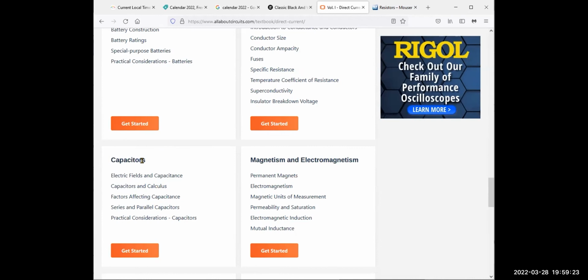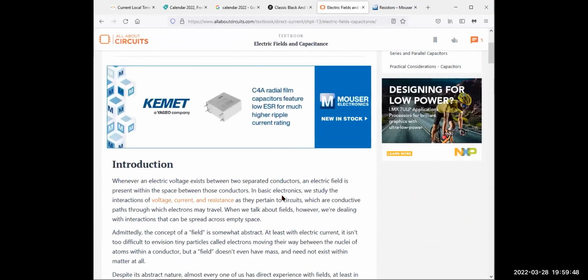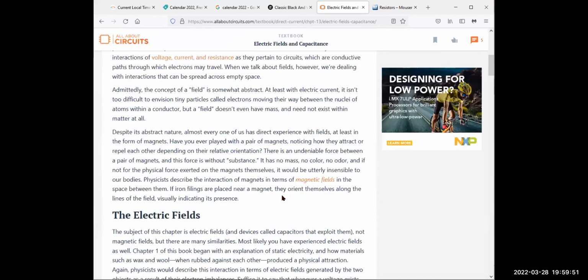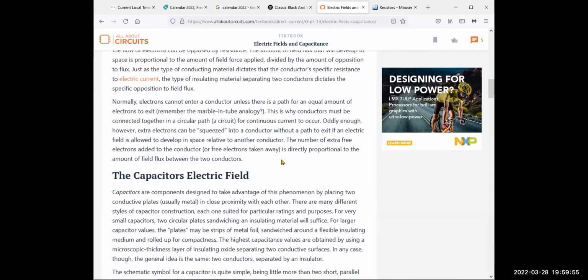Chapter 13, the capacitor chapter. So if anyone has some spare time, besides taking the spring break or working, you may take a look at this chapter, just preview. No need to read word by word, just have a quick glance to know what kind of topics we're going to cover. And on April 18th, we're going to spend one lecture covering all these topics.